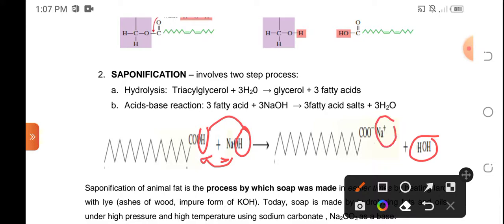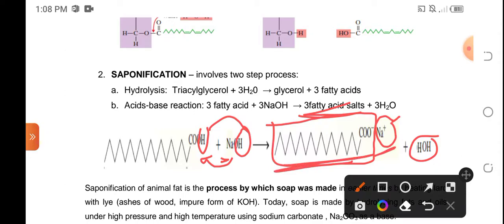Once natanggal yung hydrogen doon, magiging negative part na to ng ating fatty acid, and then we're going to have the sodium ion or the metal ion attached there. Okay, so looking at the structure of the fatty acid salt, meron siyang positive charge and negative charge part.